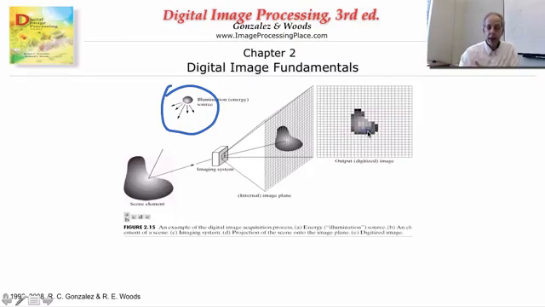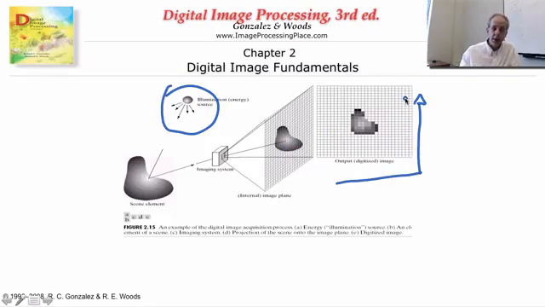And the discretization applies in two different directions. One is a spatial discretization. We have a discrete number of sensors here, and one of the simplest modes is that each one of these integrates the light arriving to it. So that's a discretization in space.